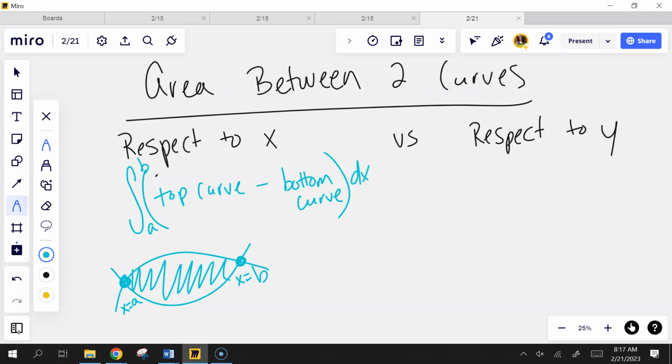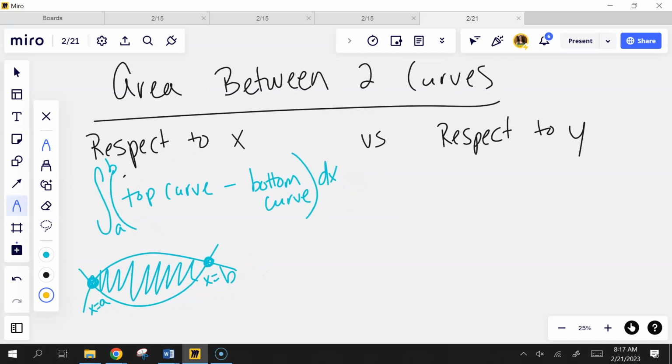Now, I could switch it up without going into all the gobbledygook of y. Let's say I had, let's just flip this on its side.